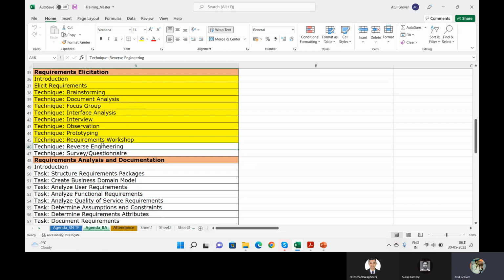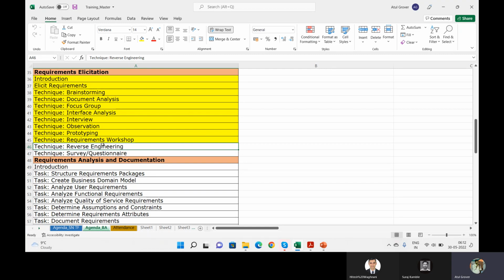In layman's language, what does reverse engineering say? Instead of starting from scratch, start from the place where you are at this point in time.